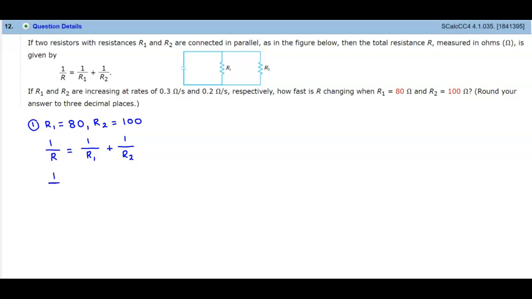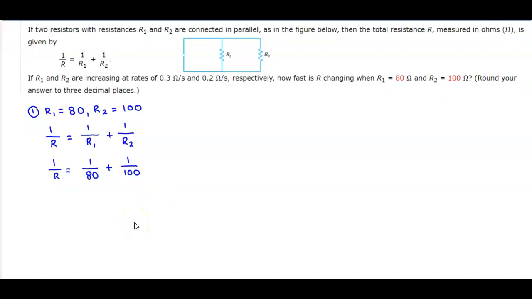So in order to find R, we substitute the values that are given. We have 1 over R equals 1 over 80 plus 1 over 100. The next thing we want to do is combine these two fractions, using a common denominator of 8,000.